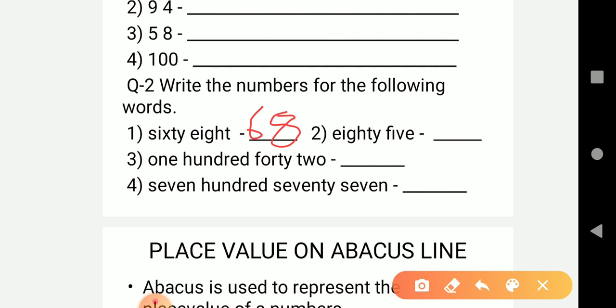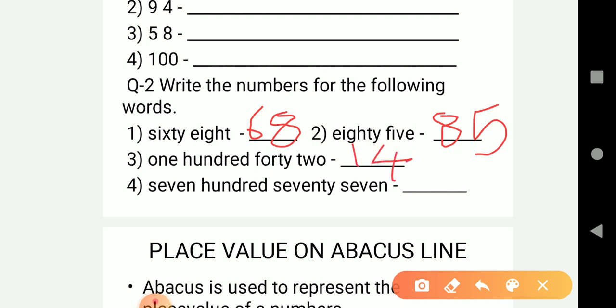Then second number is 85. Who wants to write here 85? Yes, tell me. Very good. 8, 5, 85. Now third number is 142. 1 is on the 100 place.